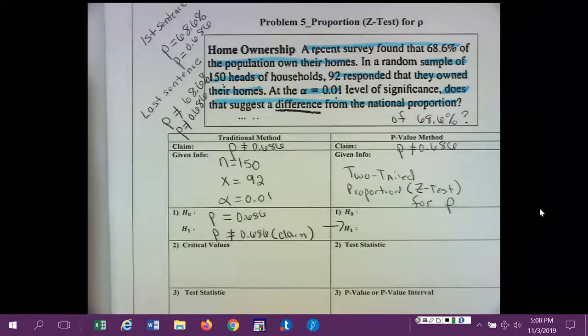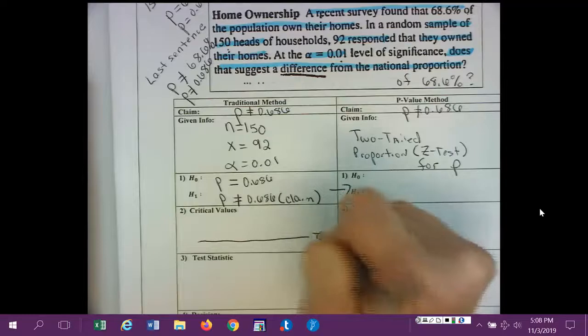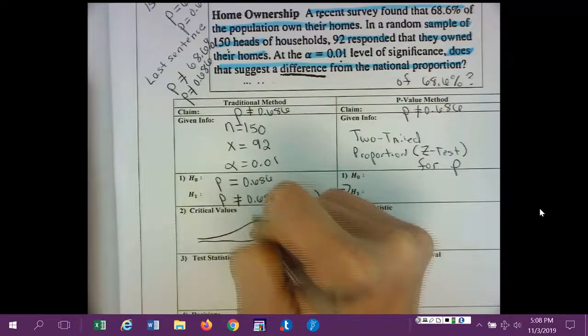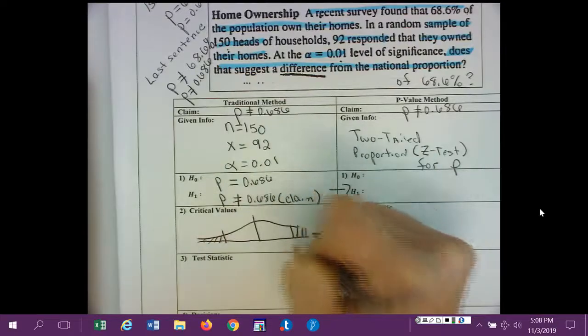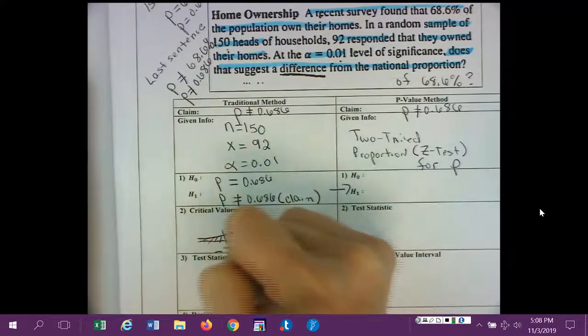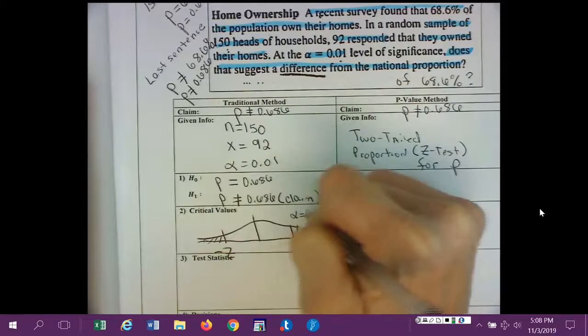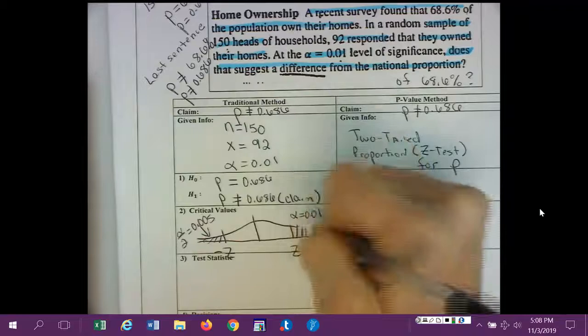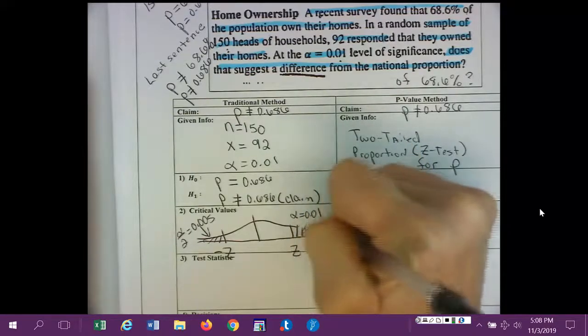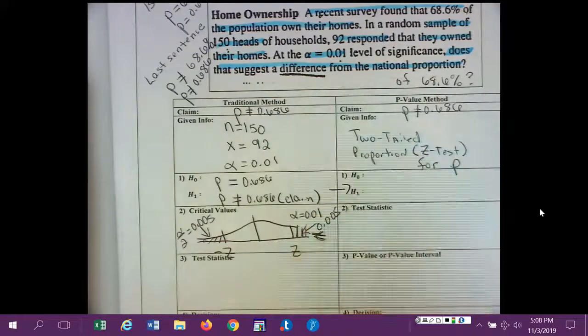Critical values. Now remember, we're going all the way back to z now. We draw a z-axis, bell-shaped curve, shade both tails, and we're looking for a positive z and a negative z. And alpha was given to be 0.01, so each tail is alpha over 2. 0.005 is in each tail. Alpha divided by 2.